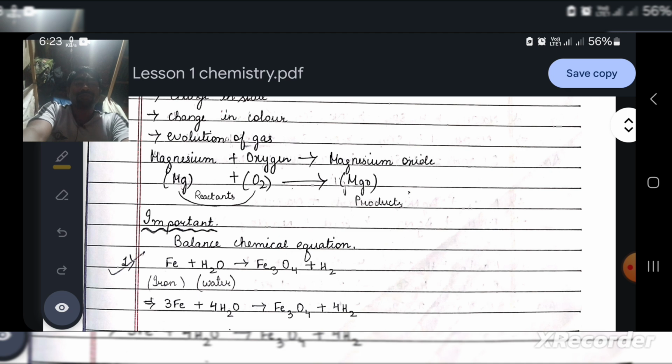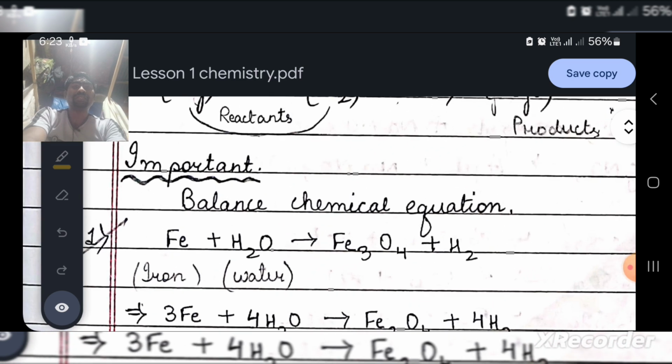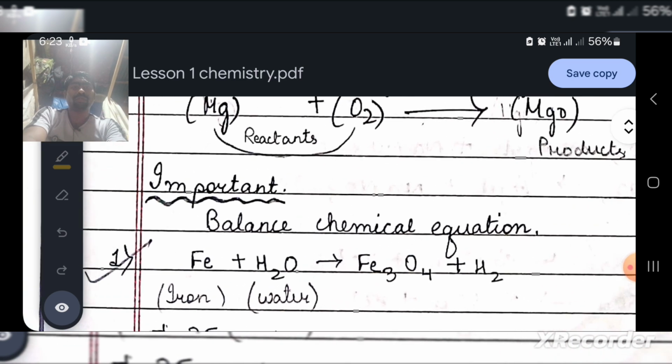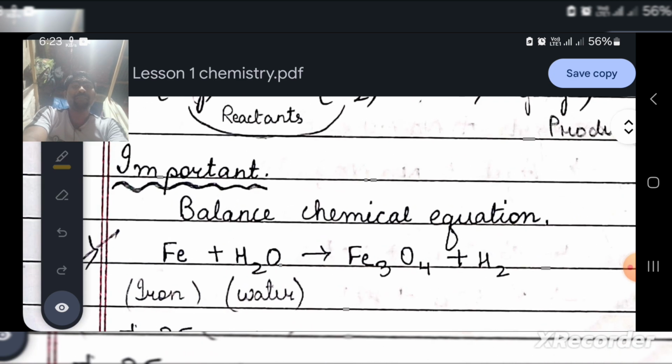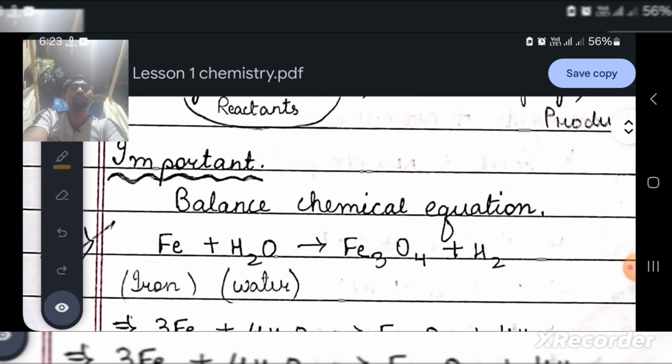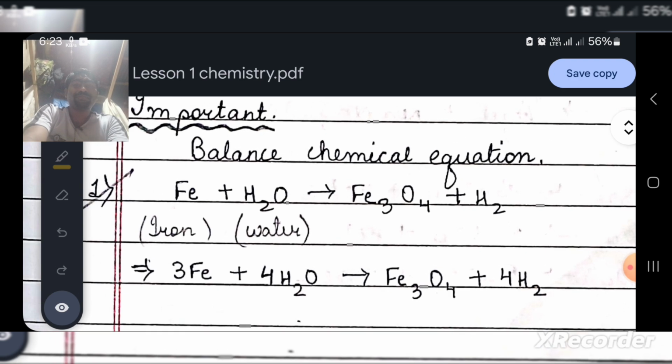Now there's another important thing to know, that is the balanced equation. What is that? This is one of the important topics. What is this? Balanced chemical equation. How can we balance it? Look here.